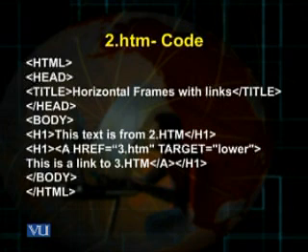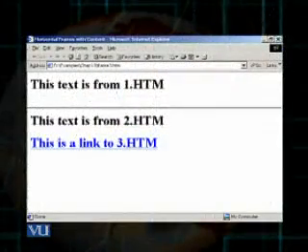And then I write, this is a link to 3.htm, anchor tag closed, heading closed, body and HTML closed. So because of the anchor tag, the sentence, this is a link to 3.htm, would become clickable, and when a user would click it, the separate content file, 3.htm, would open.